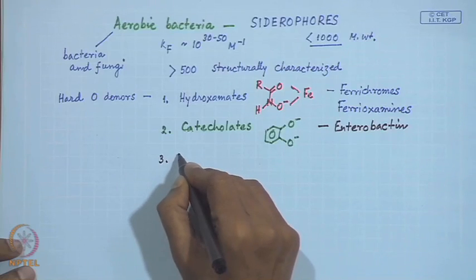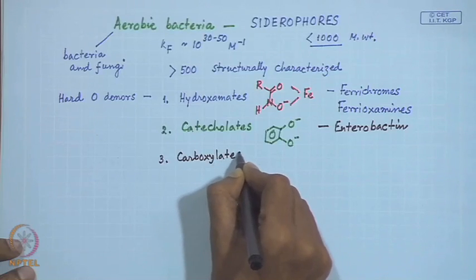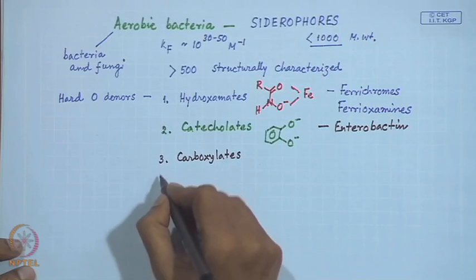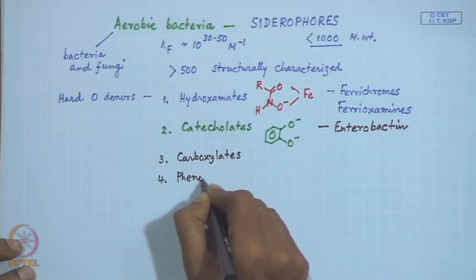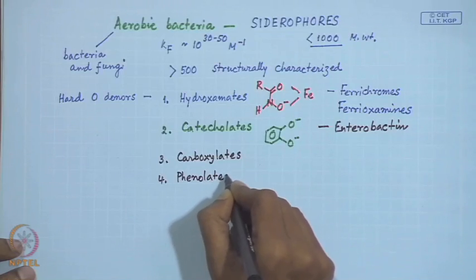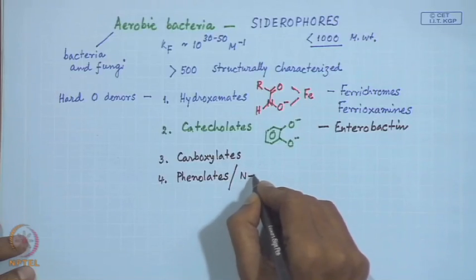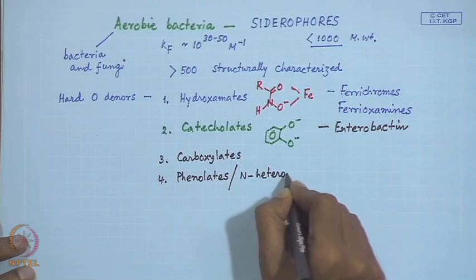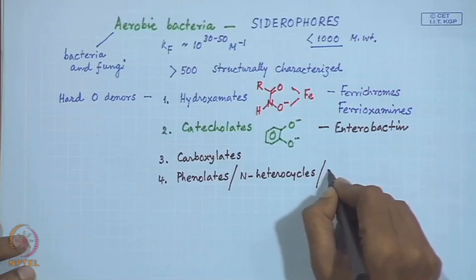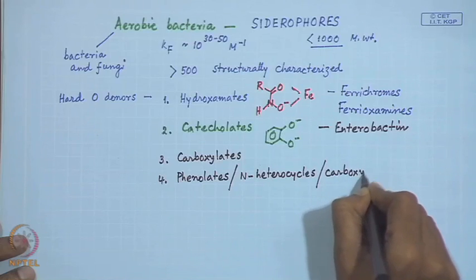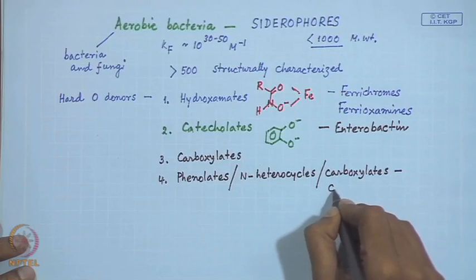Also we can have carboxylate endpoints and phenolates, together with other nitrogen bearing heterocycles or carboxylates. That means a combination of these two.